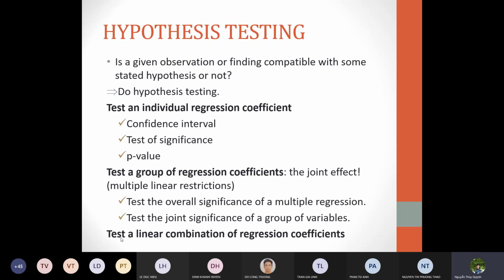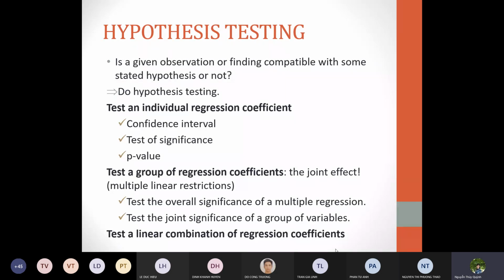The most familiar test of this type is the equality of two regression coefficients, which means that we test whether the individual effect of one independent variable on the dependent variable is the same as the individual effect of another independent variable on the dependent variable. So those are the three types of tests we will study in this chapter.